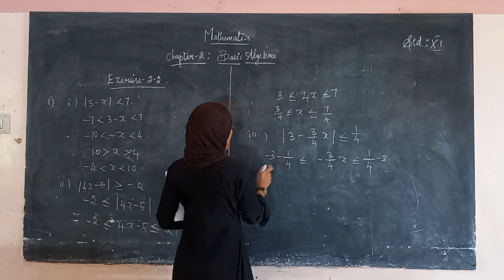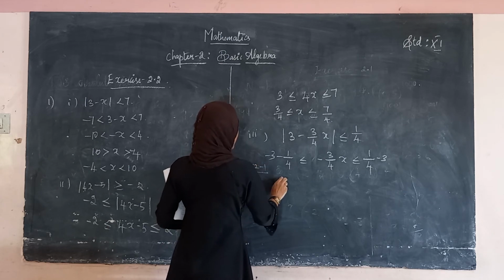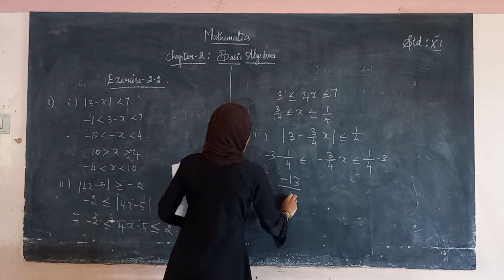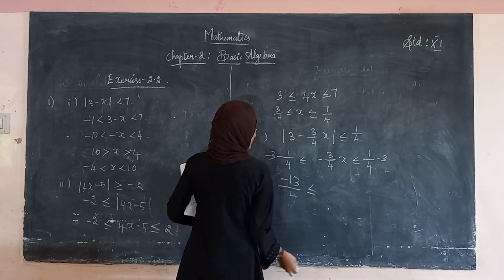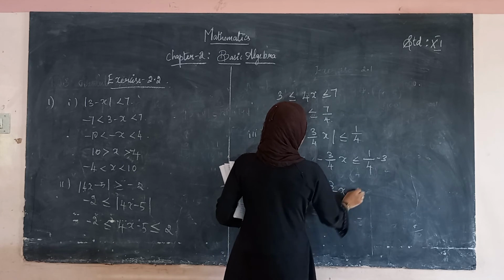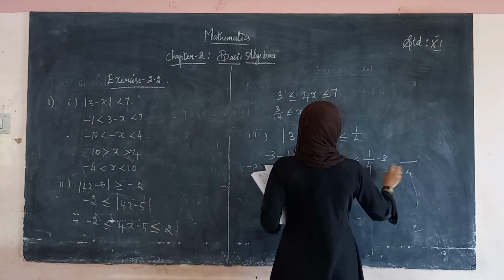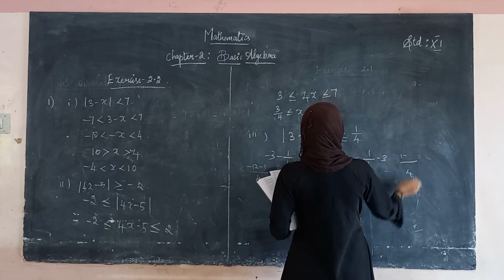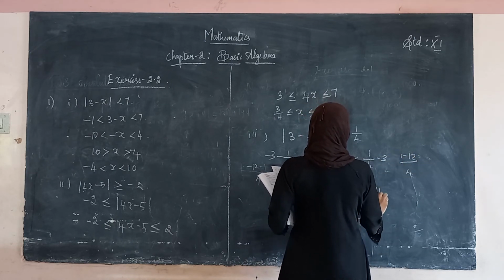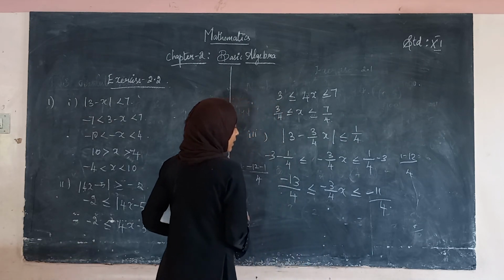Minus 3 minus 4, take the LCM, 4 threes are 12, minus 12 minus 1, therefore here it is minus 13 divided by 4, less than or equal to minus 3 divided by 4 into x, less than or equal to, here the LCM is 4, 4 threes are 12, 1 minus 12 is minus 11 divided by 4. Minus 11 divided by 4.